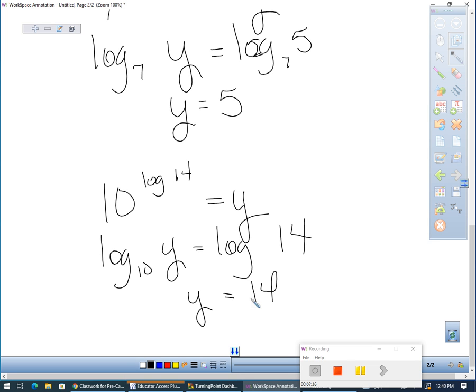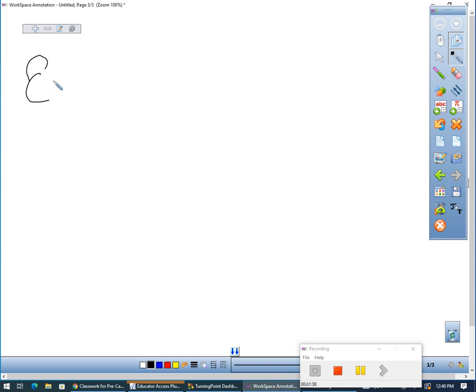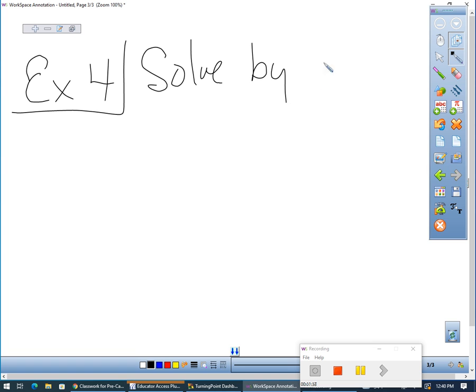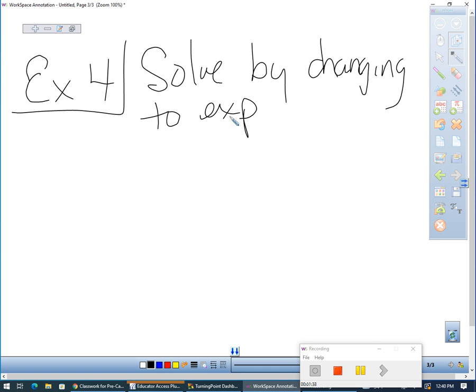All right, example number 4. I want you to solve by changing to exponential. So maybe you're given something as awesome as log x equals 4.